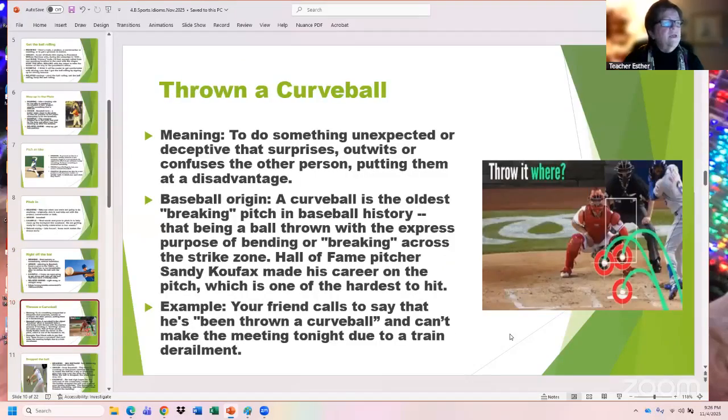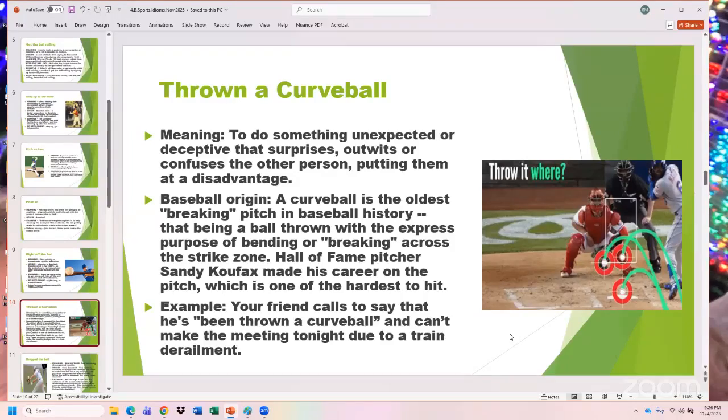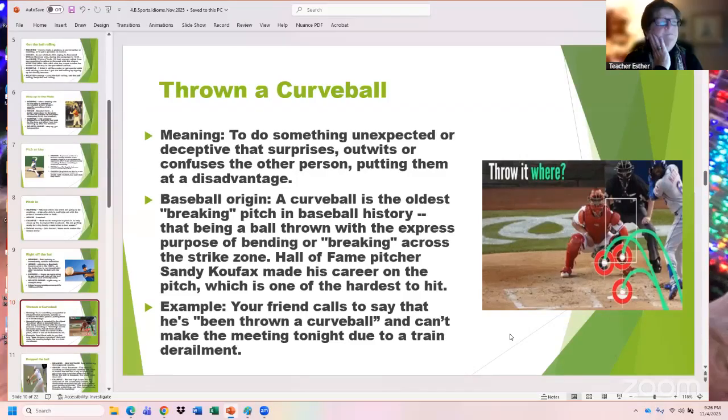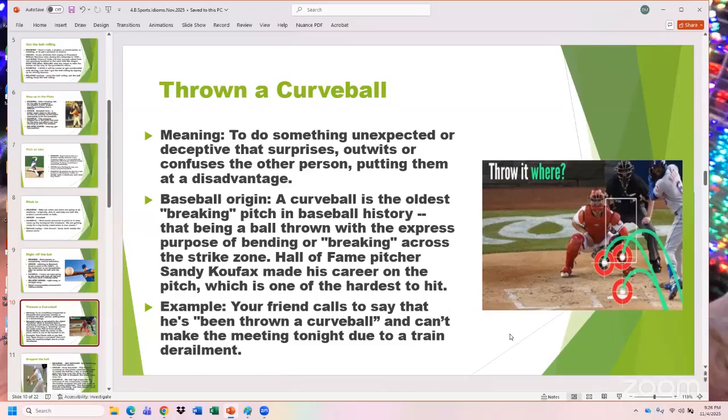All right, this next one is thrown a curveball, or throw a curveball, or I have been thrown a curveball. Swan, would you like to read this one? Throw a curveball, meaning to do something unexpected or deceptive that surprises, outwits, or confuses the other person, putting them at a disadvantage.